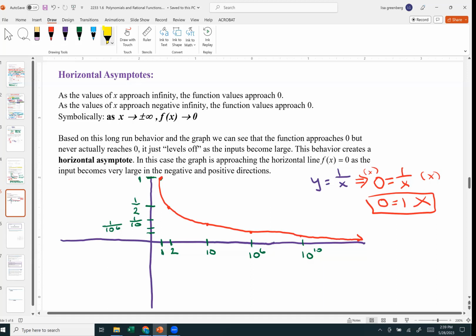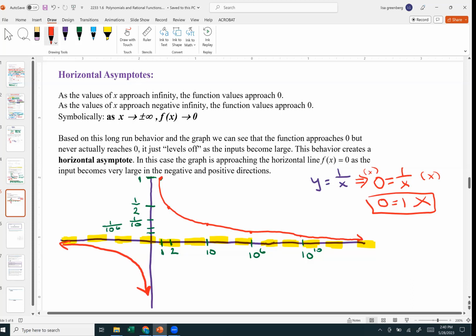So we have a horizontal asymptote at y equals 0. It just means that the graph is getting closer and closer to 0, but it will never equal 0. And we have the same thing really happening in the negative direction, for the same reason.